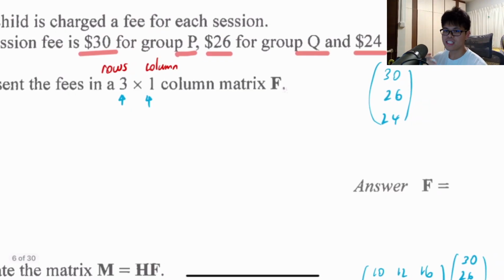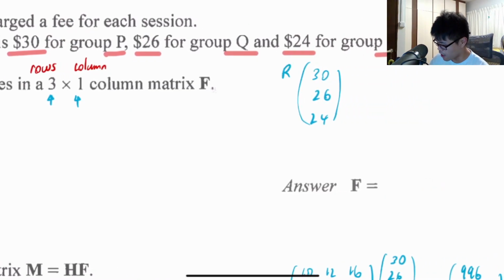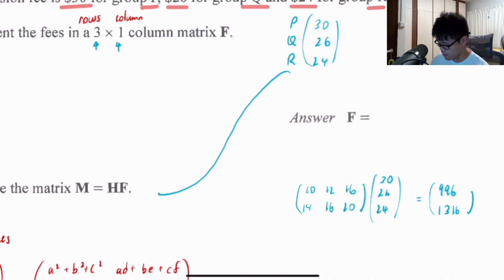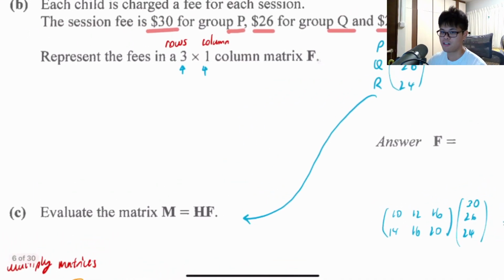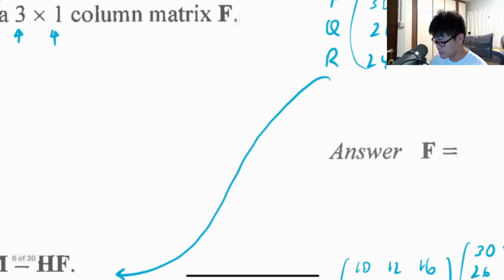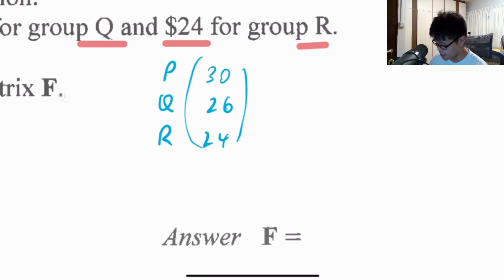Really they could be in any order, but they probably want it such that it is P, then Q, then R, so that we can multiply it into H later in part C of this question. But remember, they want a 3 row by 1 column matrix, so we give them row 1, row 2, row 3, by 1 column.